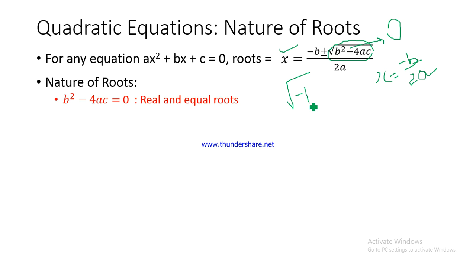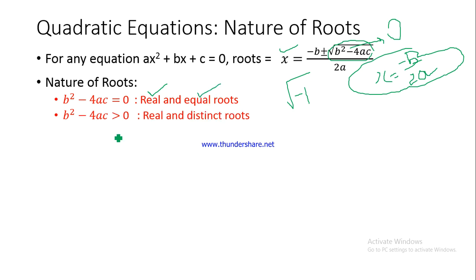Naturally, if you are trying to find the square root of a negative number, this is just not possible, so the square root would only be imaginary. However, this would not be the case here because the whole value, root b square minus 4ac, comes out to be 0, and I will be left with minus b, so that is why I will be having real roots. I will be having equal roots because this becomes 0, and the root that I will get would be minus b by 2a, and that is why I am having real and equal roots.